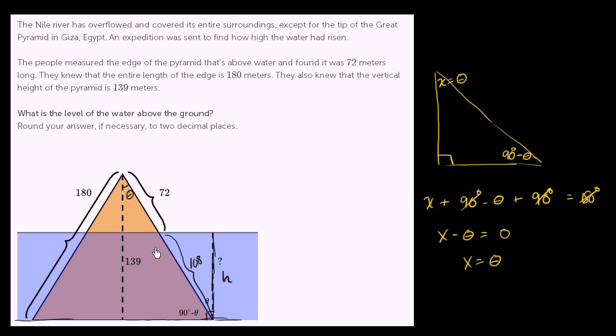We know that this right over here is a right triangle. I could color this in just to make it a little bit clearer. This thing in yellow is a right triangle.